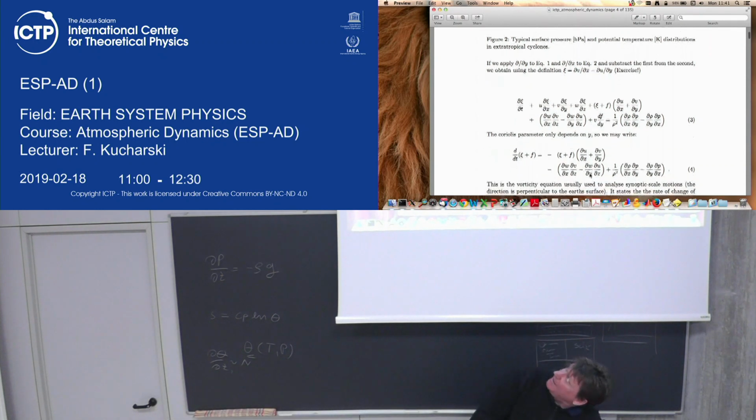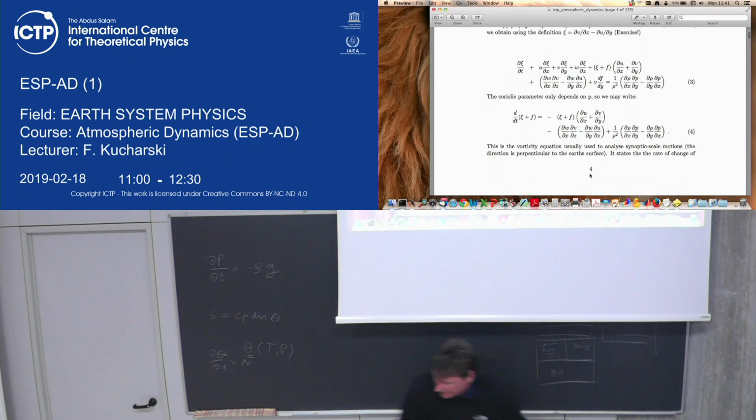So you can combine something here and make it an equation, instead of for the relative vorticity, which is derived from our flow, for the absolute vorticity. So we take into account the planetary vorticity that is defined by f in this simple case.